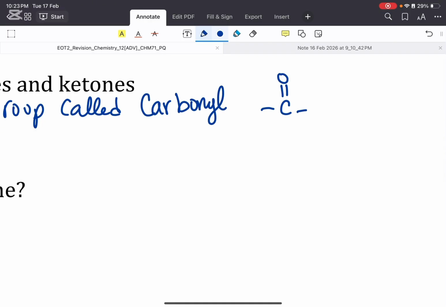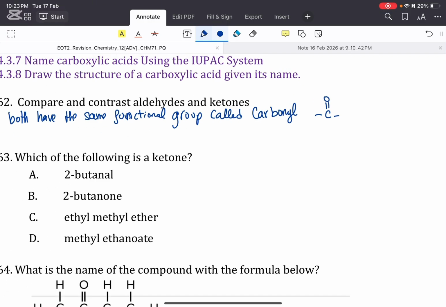Now this carbonyl, if it's in the middle of a chain, then I have a ketone. If it's on the side of the chain, at the end of the chain, I have an aldehyde.